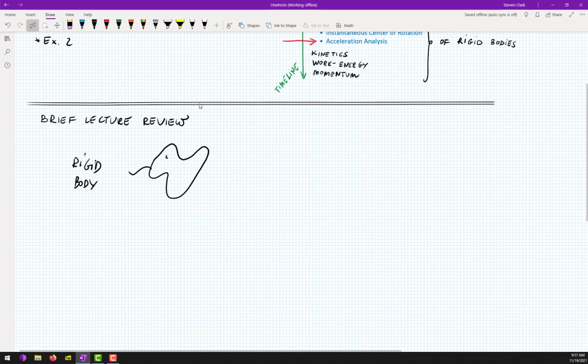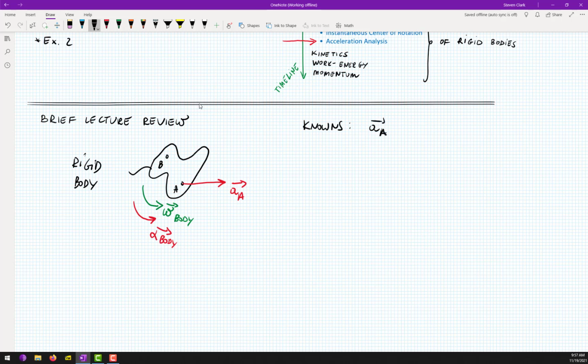Let's specify 2 points on that rigid body, point A and point B. Let's say that we know the acceleration at point A. We also know omega of the body, and we also know the angular acceleration of the body. So these are our knowns.